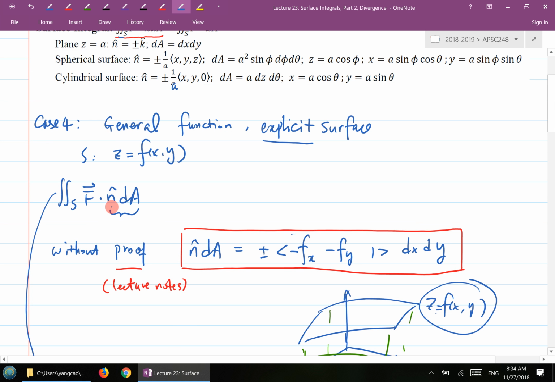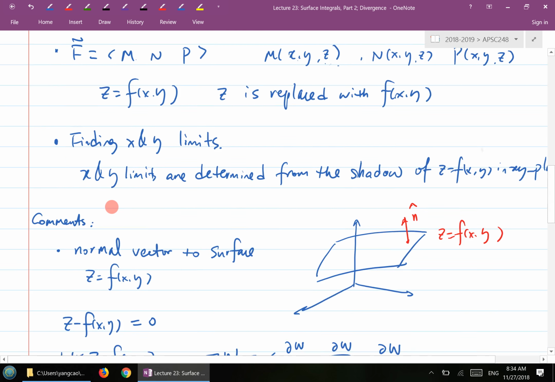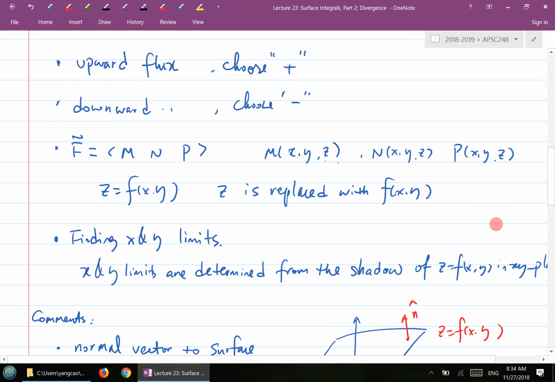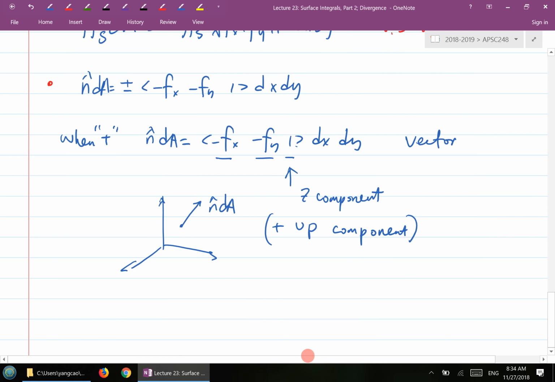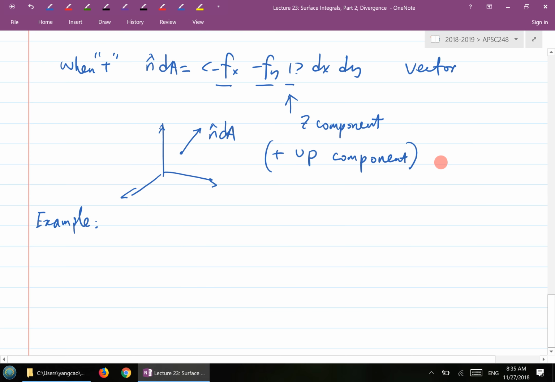If you want upward, then you have to project it into the upward n hat direction. So that's the reason for choosing positive or negative in the upward component here. Alright, so that's a lot of comments. Let's take a look at a couple of examples.